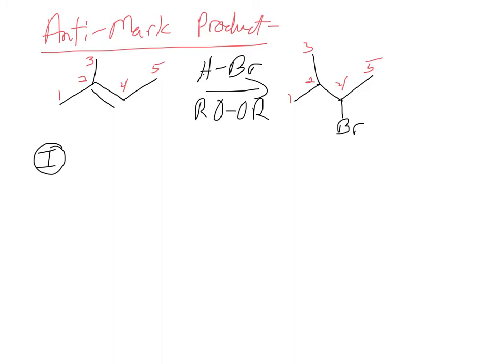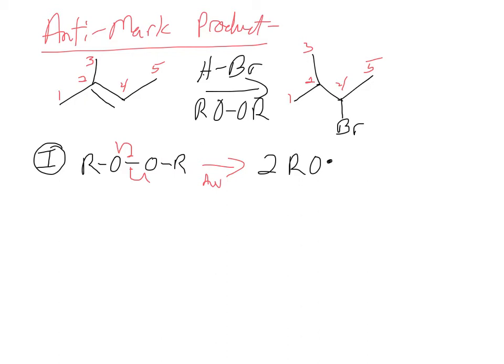So let's see. The first step, let's go for the weakest bond. And the weirdest looking bond here is the ROOR bond, I think. Peroxide. So let's break that with some light, or it just kind of breaks itself. They're not real strong bonds. So now we got 2 RO dots. But like I said, we're not adding RO dot. We're adding Br dot.